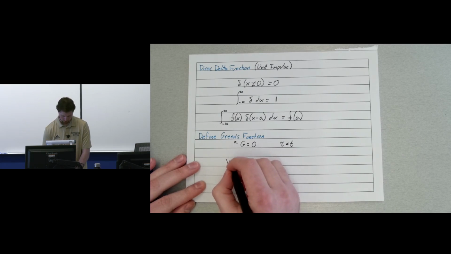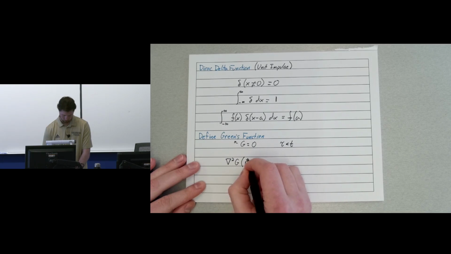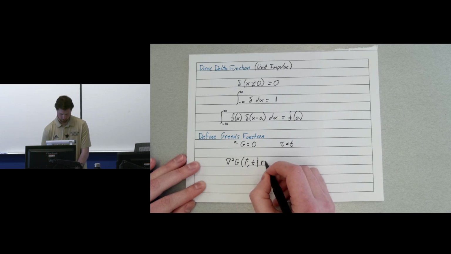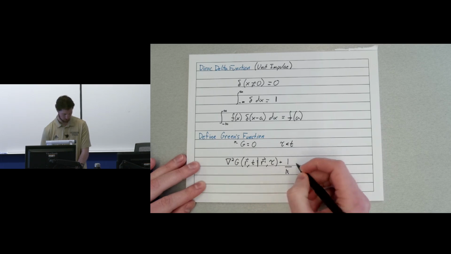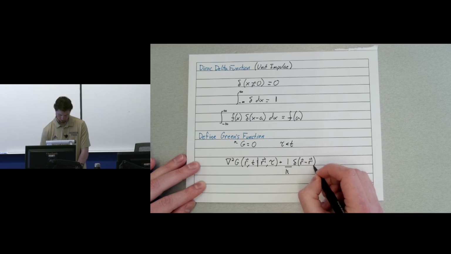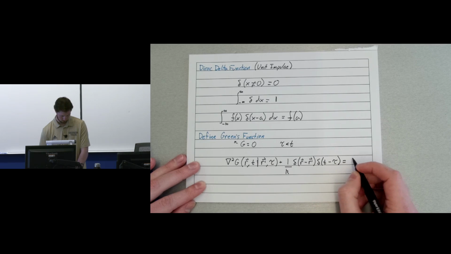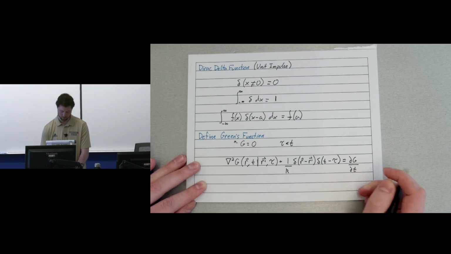We're then going to substitute this in to populate our heat equation that we have generally. And so we're going to write del 2 of our Green's function in some real space and time based on an impulse, which is r prime and tau, plus 1 over our thermal conductivity times some delta function that is displaced by r prime and shifted in time by tau, is now going to equal our storage term as g instead of t.